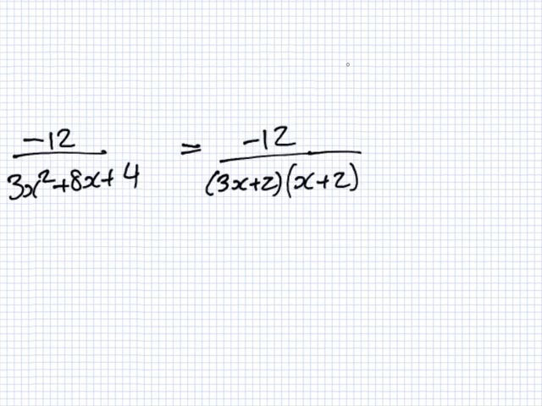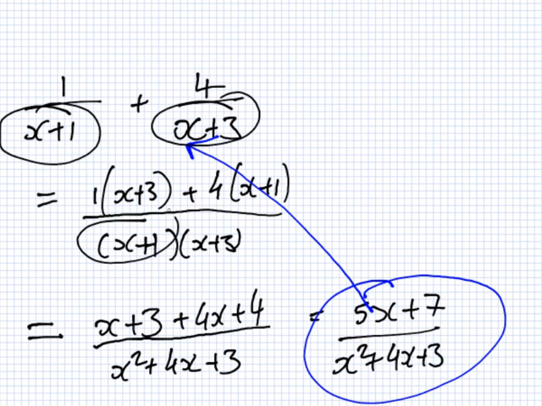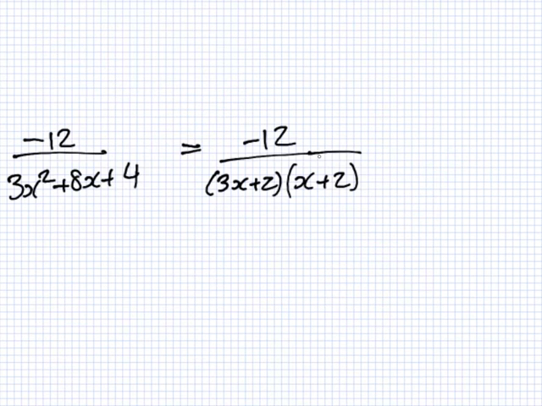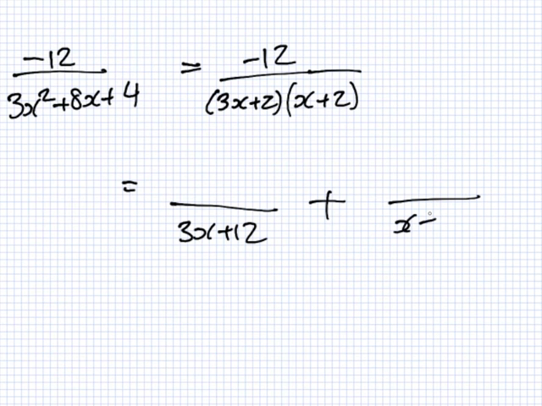If you go back to the example I did, notice that these two terms, we ended up multiplying them and it made a quadratic. So logically, if I was going backwards, those two factors should be the denominators for the two parts of the answer.